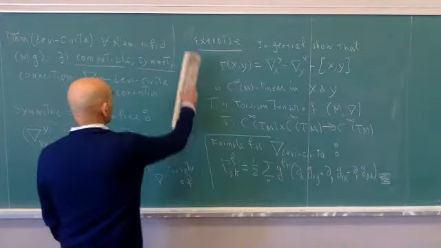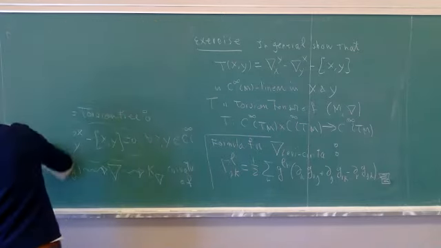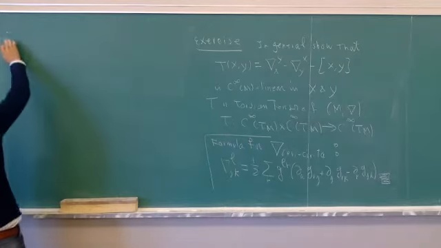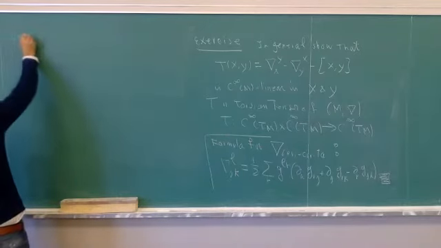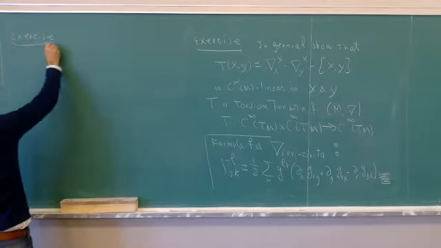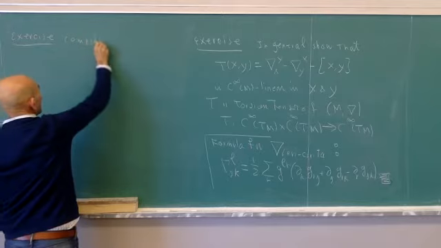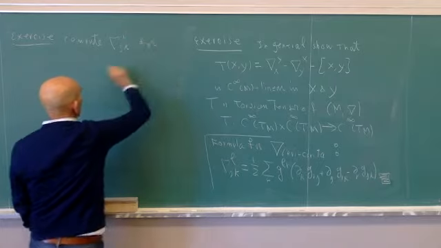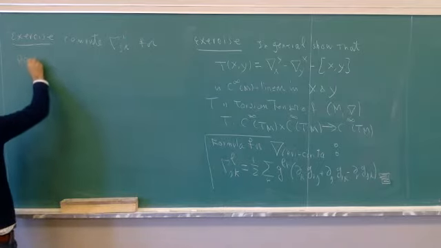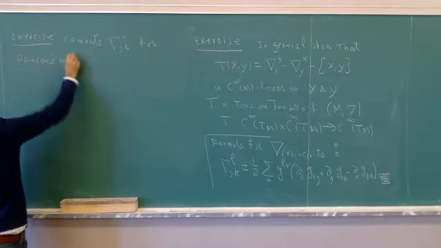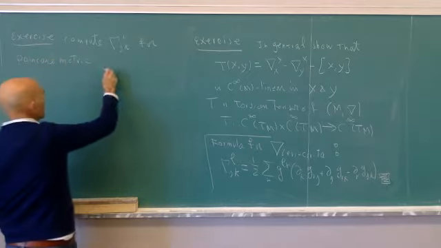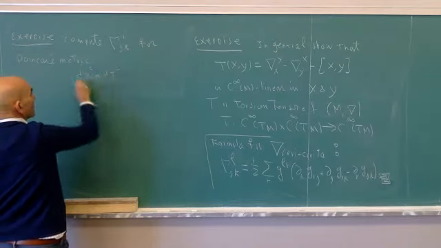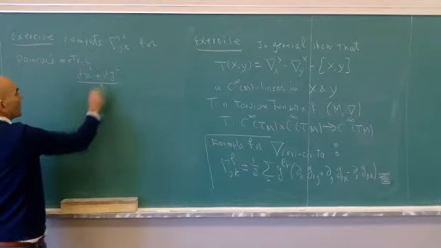So now let me give you another exercise, just a simple exercise. Compute Gamma^i_{jk} for the hyperbolic metric ds squared equals dx squared plus dy squared over y squared.